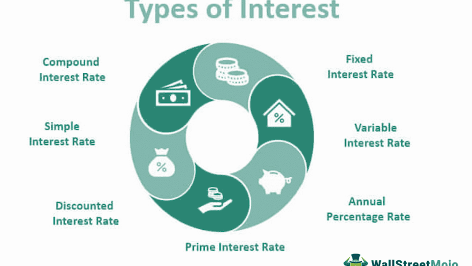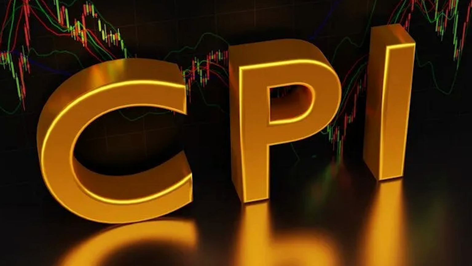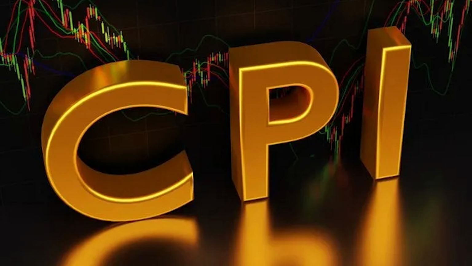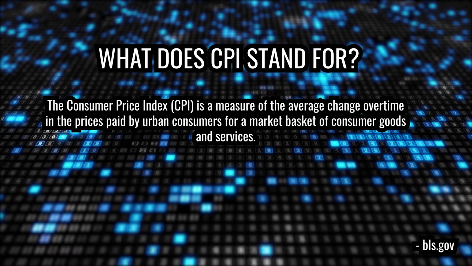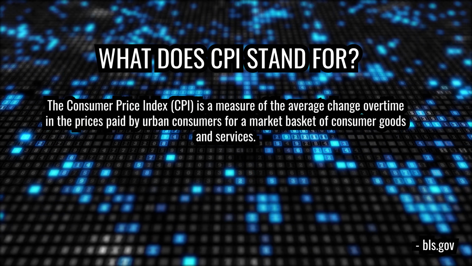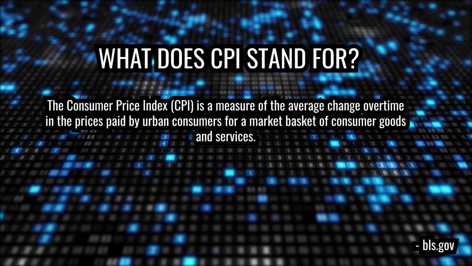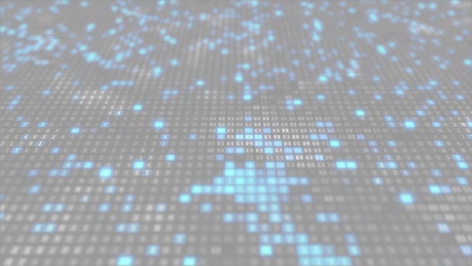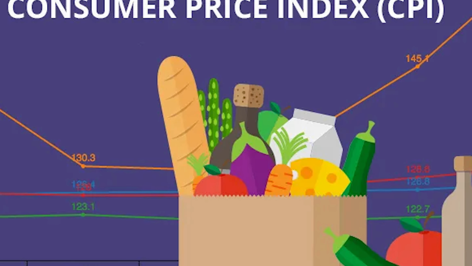First one we're going to talk about is the CPI, which stands for Consumer Price Index. It is the measure that examines the weighted average of prices of a basket of consumer goods and services. So there's food, there's transportation, there's Medicare. It's all put together and calculated by taking the price changes of each item and then averaging them out.